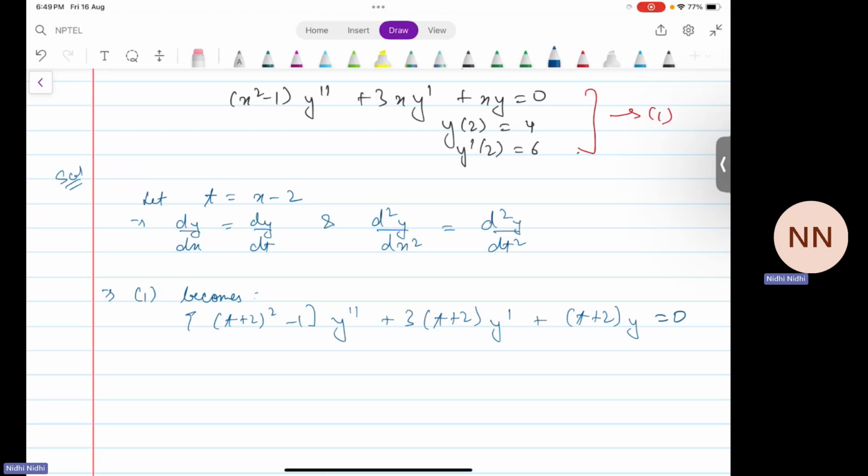And the initial conditions are y at t equals 0, for x equals 2, is equal to 4, and y dash at 0 is 6.